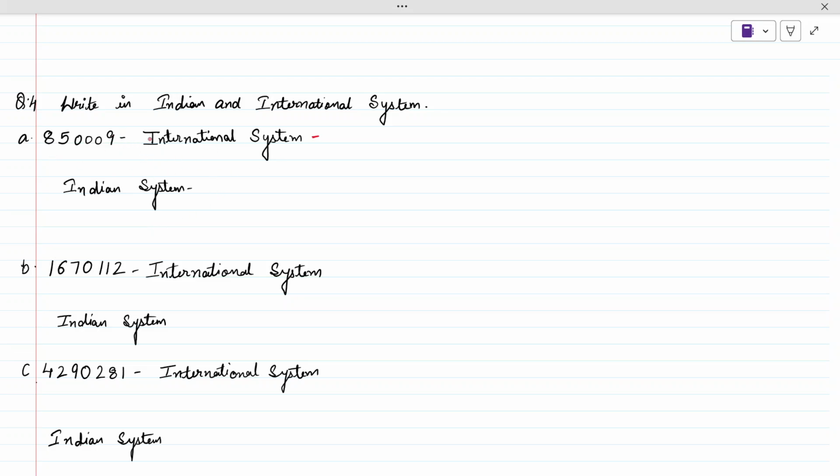So for the international system, this is ones. First of all, I'm writing the commas: 3 digits, comma, and then again 3 digits. So we have ones, tens, 100, 1,000, 10,000, and 100,000. Okay? So what number will this become? This will be 850,009 because there is nothing at the 100,000 place.